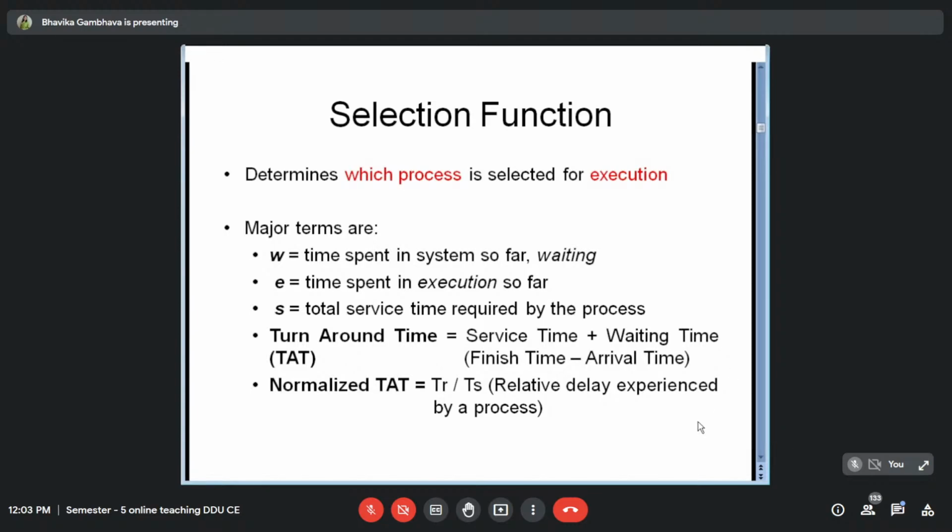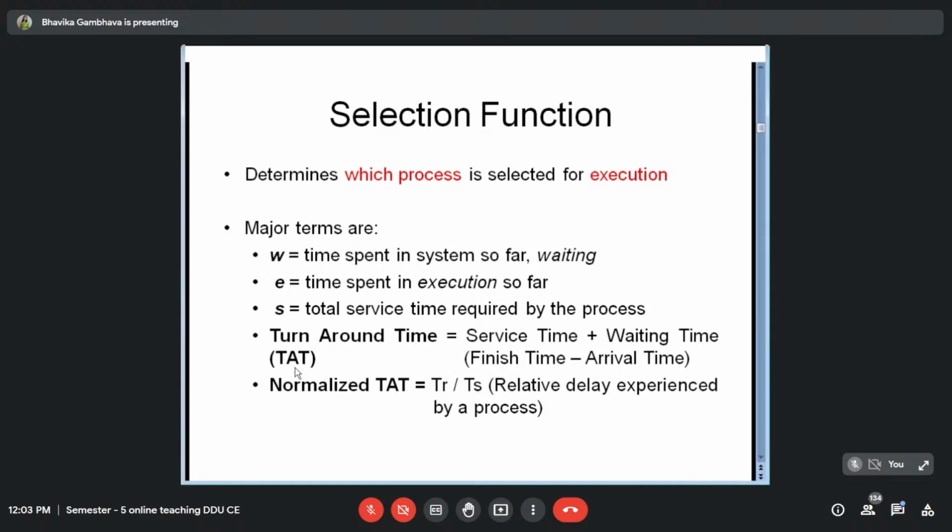So indirectly, these parameters will be affected. Now turnaround time, that is service time plus waiting time, or execution time plus waiting time. Or we can also say finish time minus arrival time. That is our turnaround time. And then there is something called normalized turnaround time.